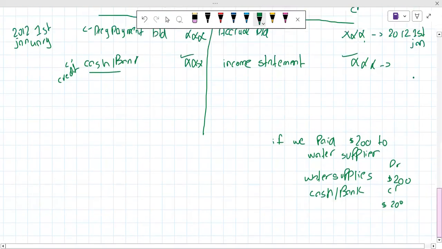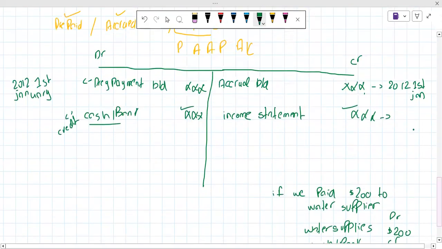And we all know that at the end of the year, all types of expenses would fall in income statement.